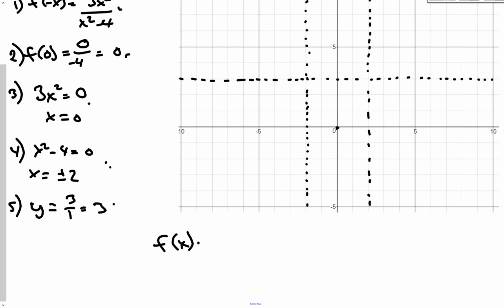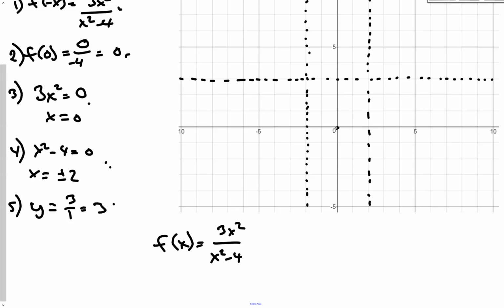So f of x was equal to my function 3x squared over x squared minus 4. Okay. So now I'm going to start plugging in points. You can start in whichever section you want.